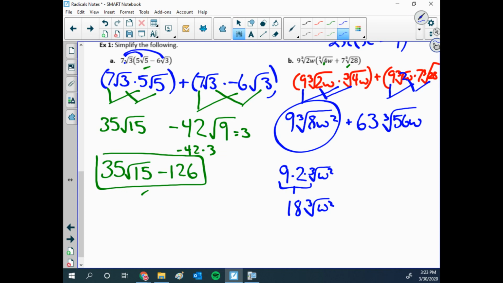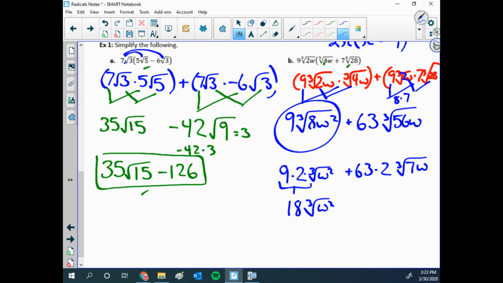Here, is 56 a perfect cube? No. But 56 can be divisible by 8. So this would be 8 times 7, so the cube root of 8 can come out. So plus 63 times 2, cube root of 7w.